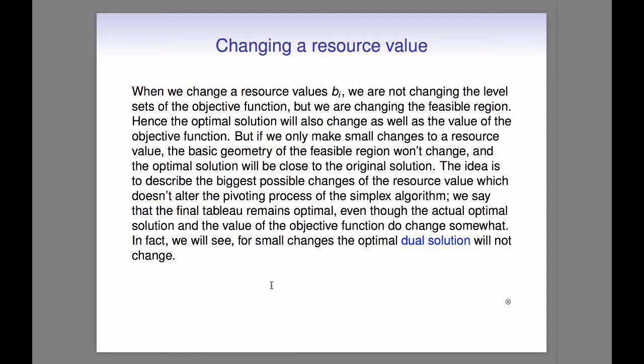So this time, as we vary the b_i, the feasible region will change slightly, so the corner point will actually move. But as long as the geometry doesn't change too much, the solution will only move a little bit, and it won't jump to a different corner.